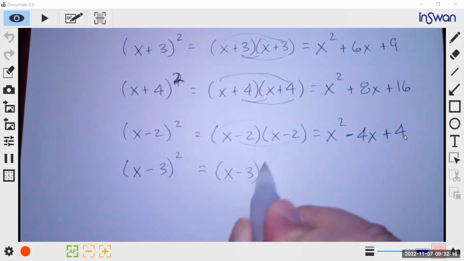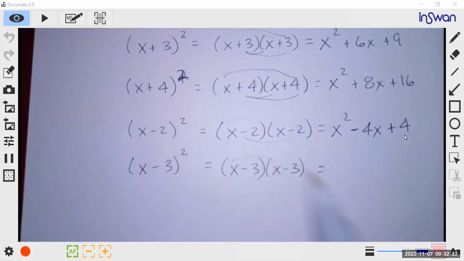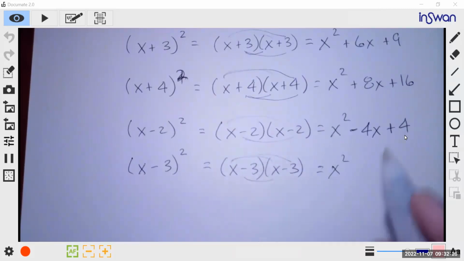x minus 3, x minus 3. x times x is x squared. Negative 3x twice is negative 6x. Negative times negative is a positive. 3 times 3 is 9.